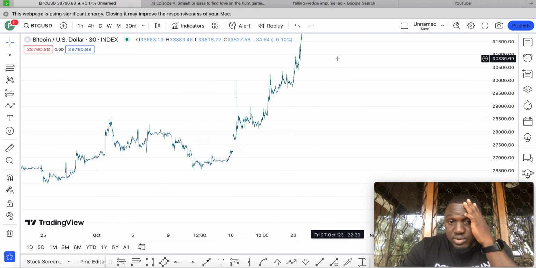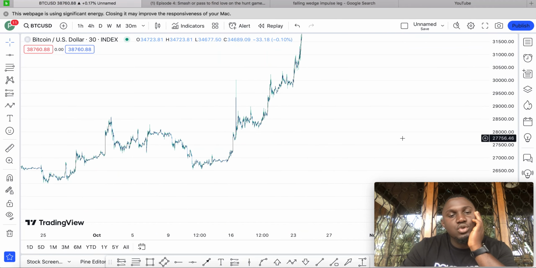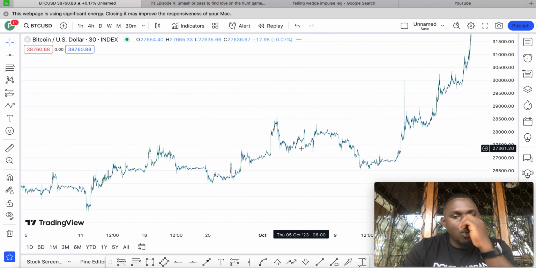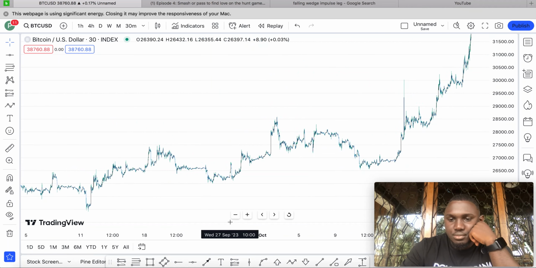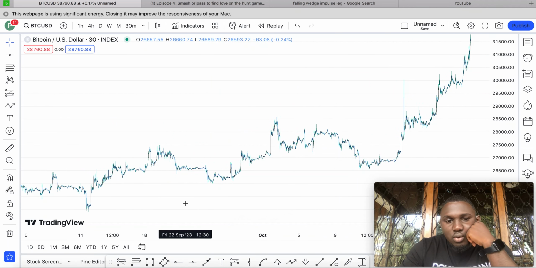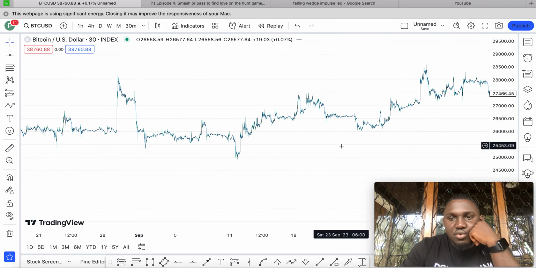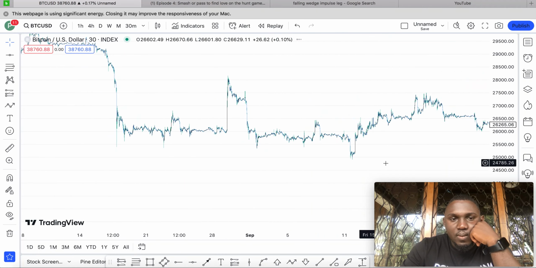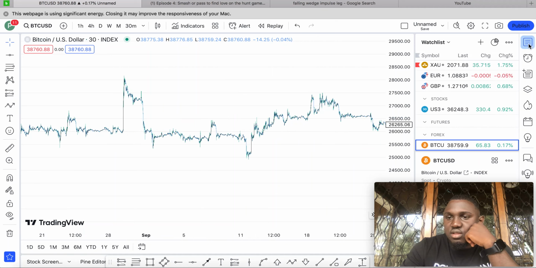What's happening with all these pairs? All of them are just flying up. No good pullbacks. We only just make ourselves available and keep catching the moves. Guys, Bitcoin is not really the best. Bitcoin is more of a consolidative kind of market.